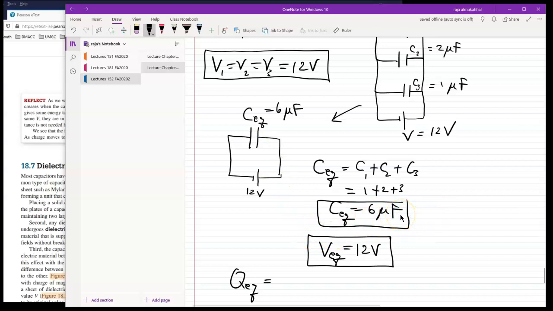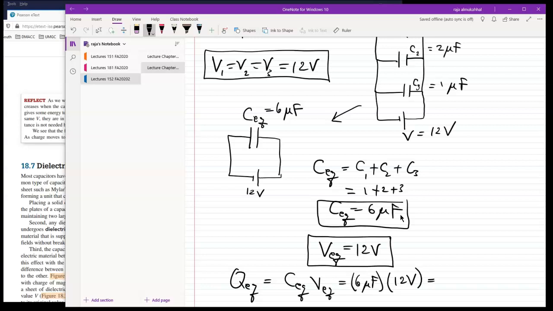So I know that Q is equal to what? C equivalent times V equivalent. So that's going to be 6 microfarad multiplied by 12 volts. And 6 times 12 is 72.